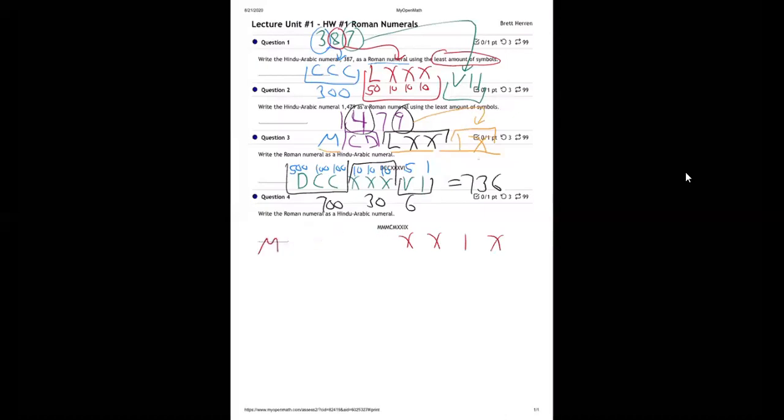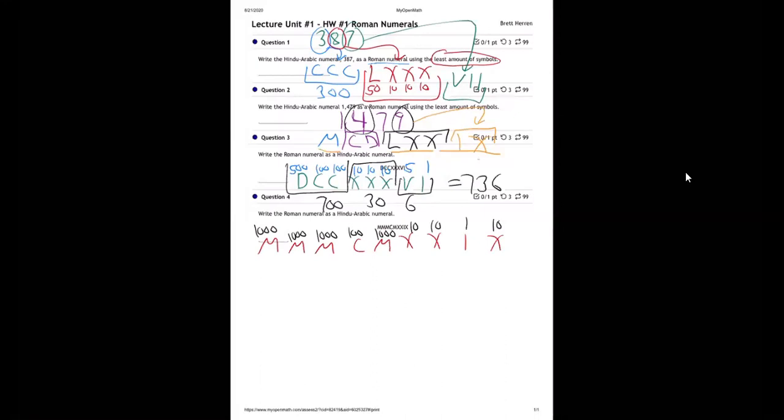So it's M, M, M, C, M, X, X, 1, X. Okay, so let's put the values of the numbers. This is 1,000, 1,000, 1,000. The C is 100. The M is again 1,000. The X's are 10. This is 1. There we go. So first off, write the values of the symbols above them.